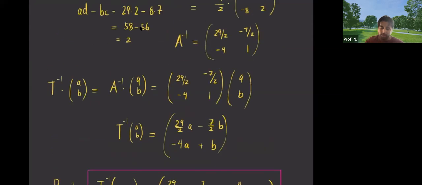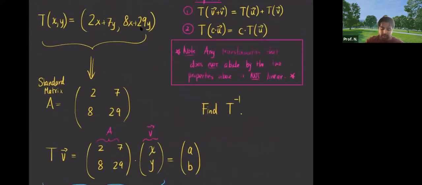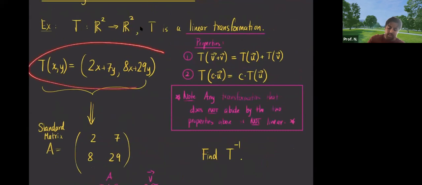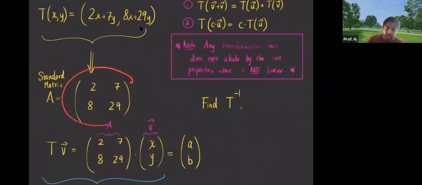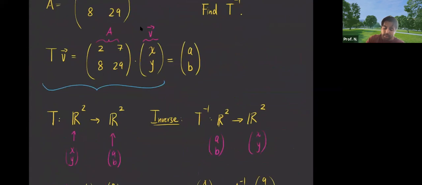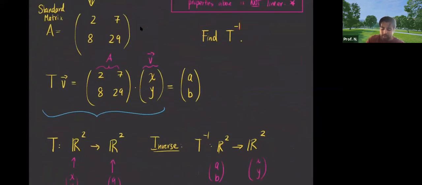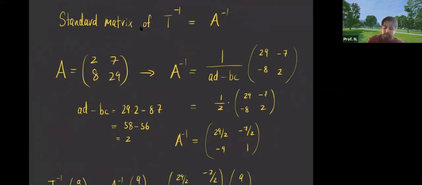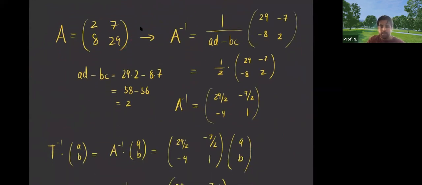I gave you the rule for the regular T, right? T is the rule given by this. If I give you an x and a y, this is the result, the image. I was able to find the standard matrix of that transformation, and I wanted to find the inverse of that transformation, which entailed just finding the inverse of the matrix A. That's pretty straightforward to do if you know the formula for the inverse of a 2x2 matrix.